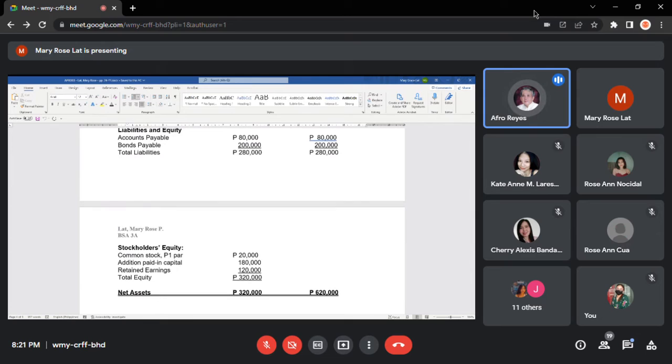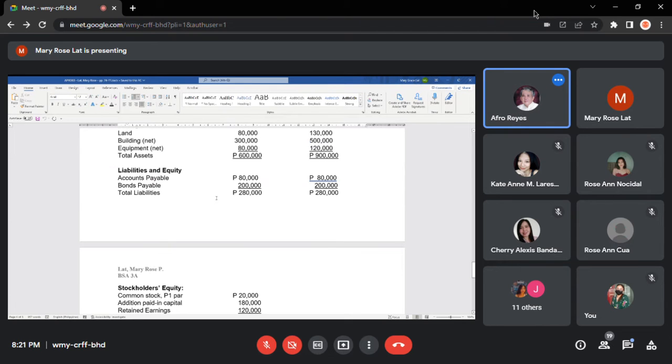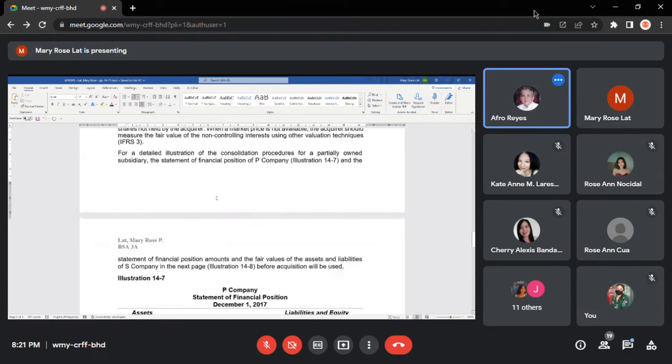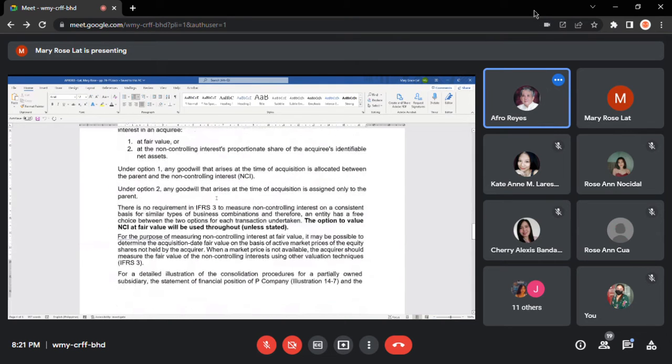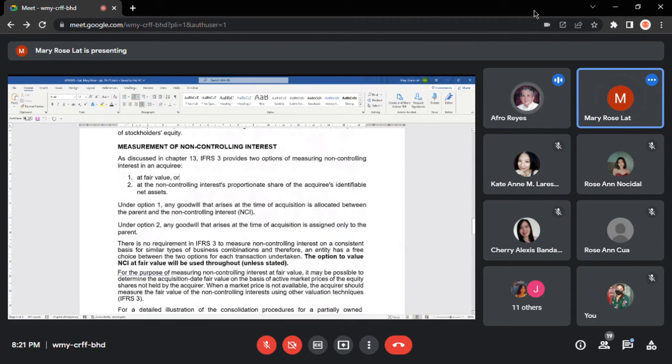Okay, wag mo nang i-stop sharing. Dalhin mo ako doon sa area na meron kang two options to measure non-controlling interest. Okay, so number one is at fair value. Number two is non-controlling interest's proportionate share of the acquirer's identifiable net assets.